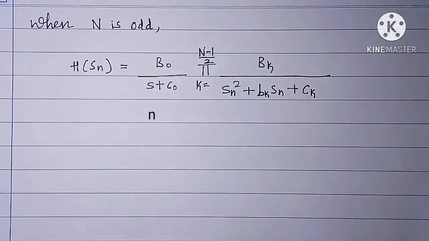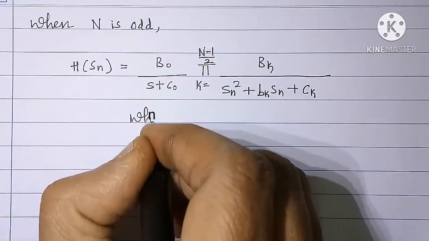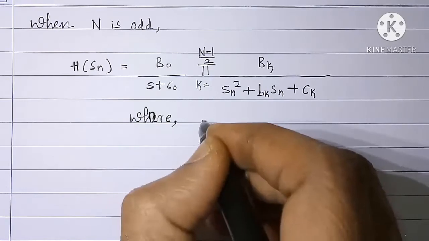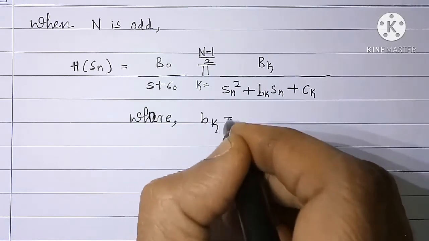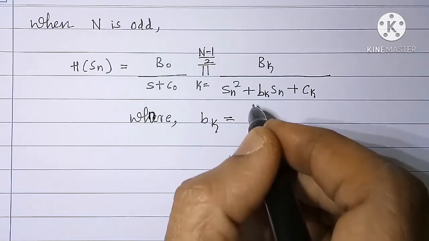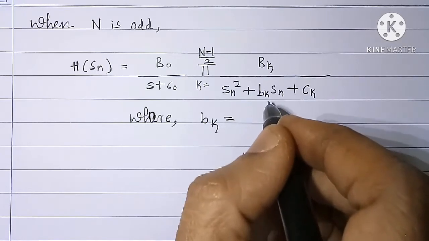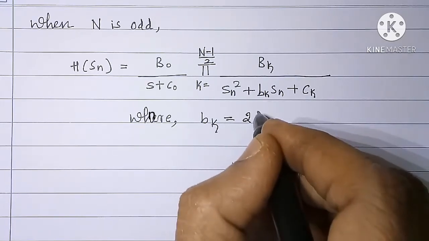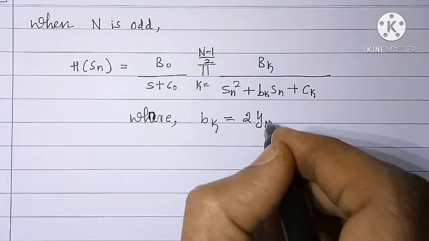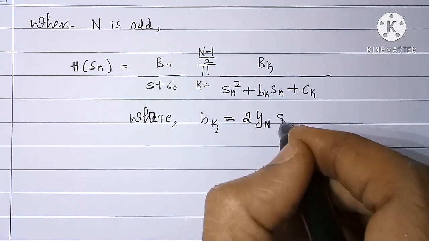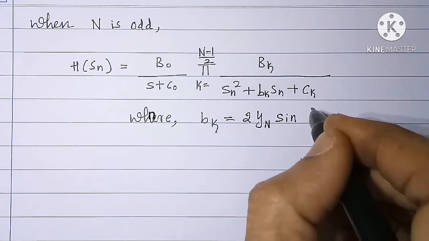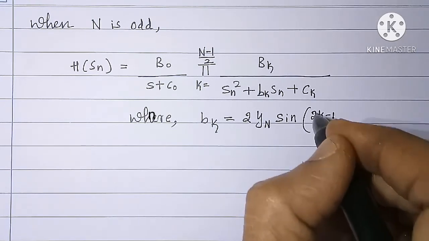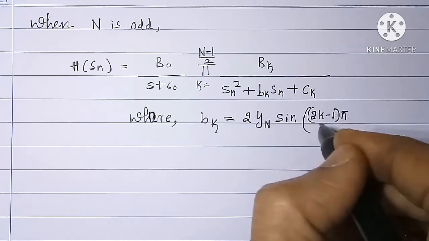where Bk, that is this constant coefficient of Sn, is equal to 2 times yn into sine of (2k minus 1) into pi upon 2n.